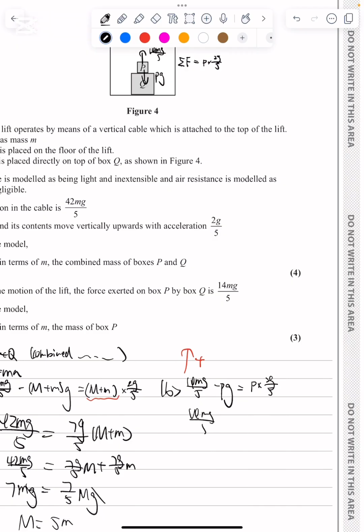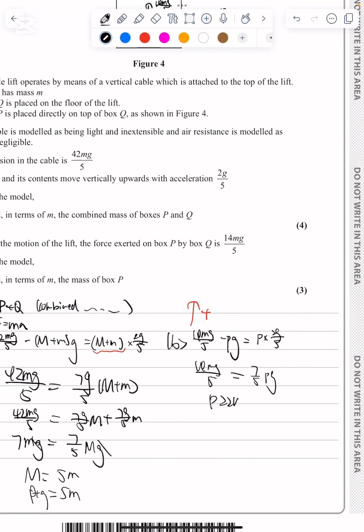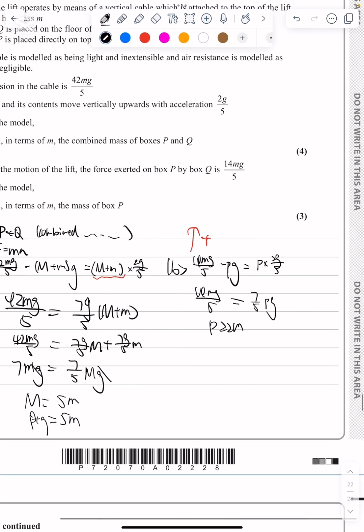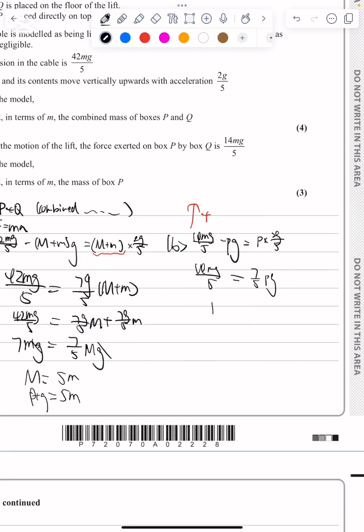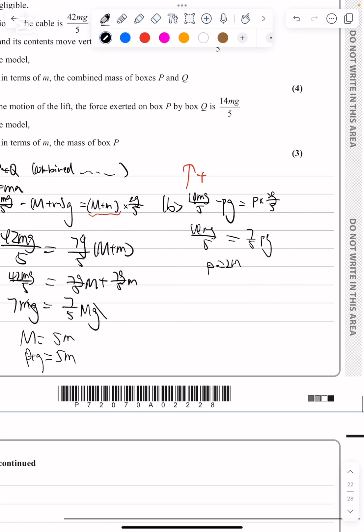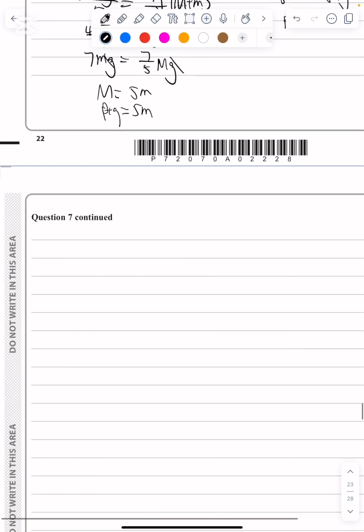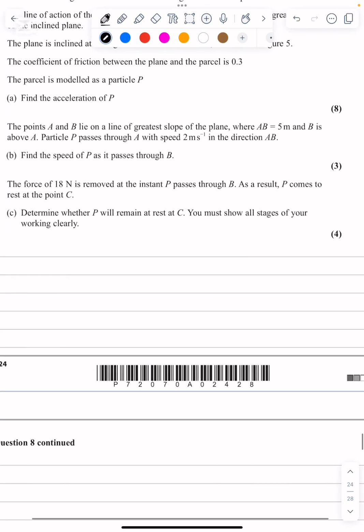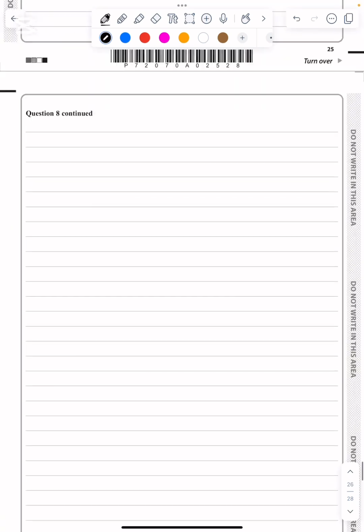So solve this, 7 over 5 Pg. That means P is 2m. Should be simple math right here. How many questions do I have left? Oh, that's the last question.